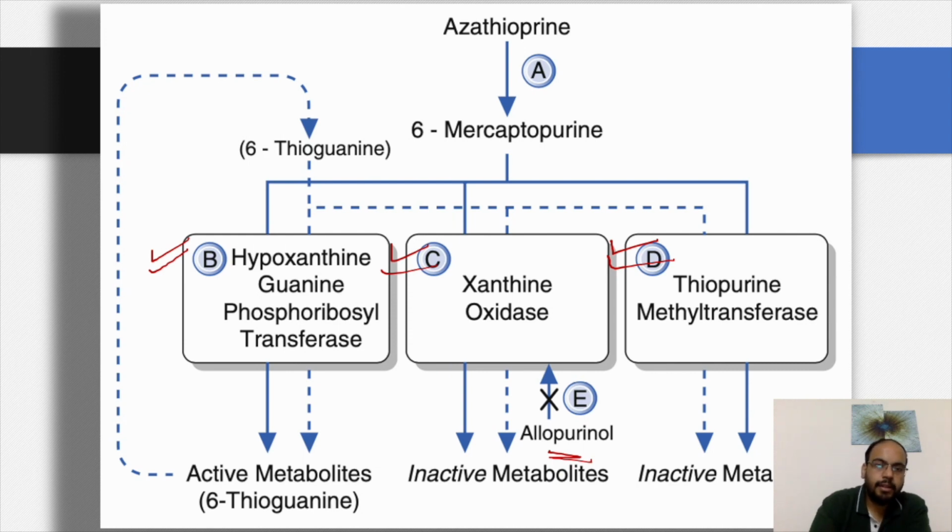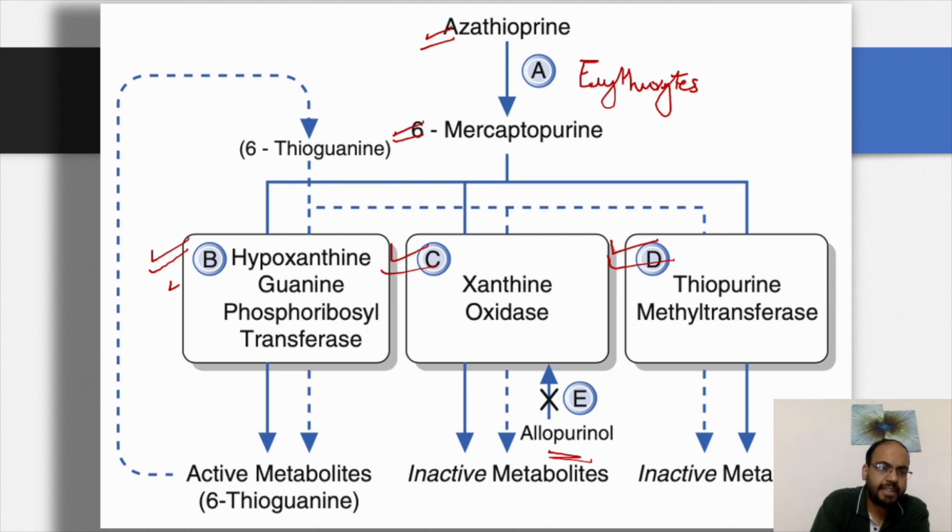Okay. So here we can see that azathioprine gets converted into 6-mercaptopurine, and this conversion takes place in erythrocytes. There are also other sites of conversion, but the major conversion is through the erythrocytes. Now 6-mercaptopurine has three ways to go.